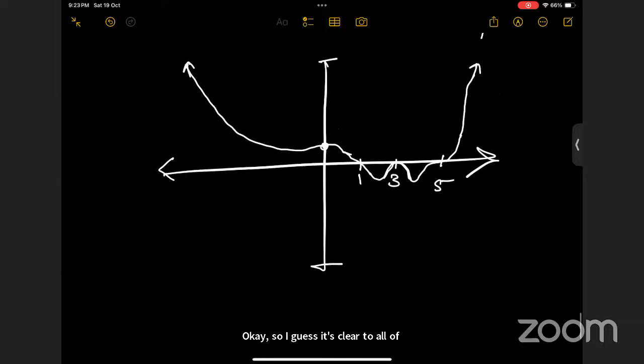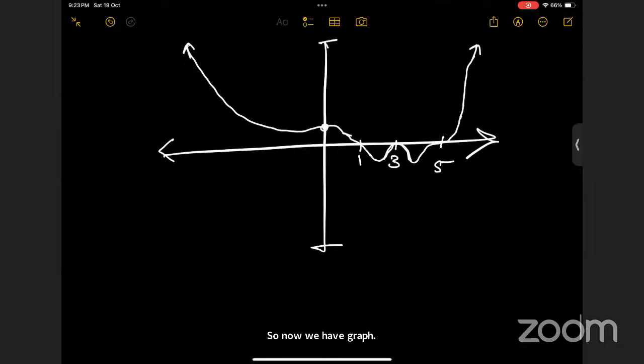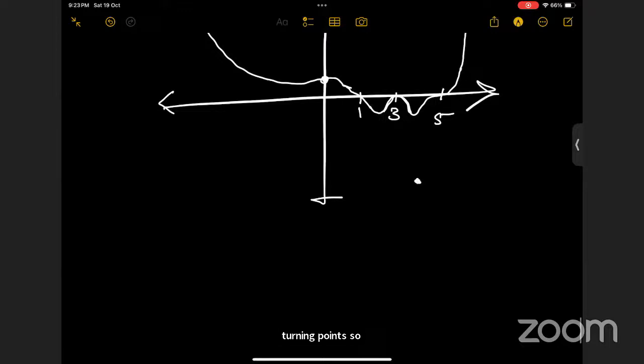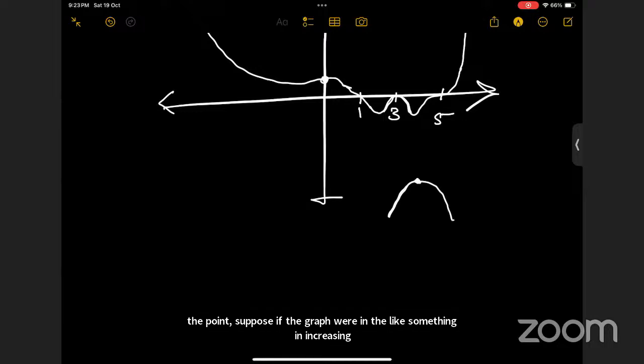So now we have the graph. We can now talk about the turning points. A turning point means if we have one point, we can say it is a turning point if before the point the graph is increasing, and after the point the graph is decreasing. This is one case.